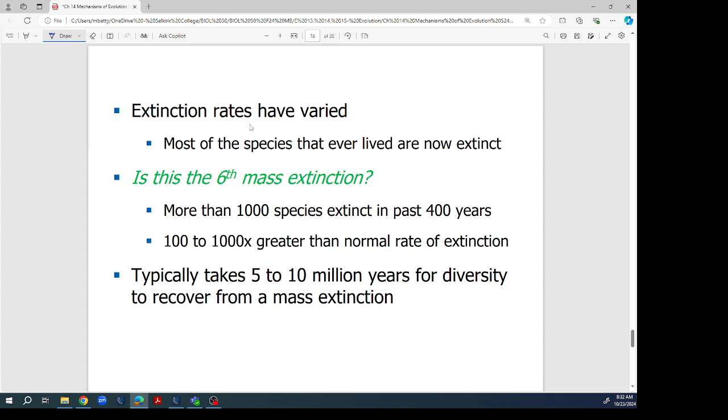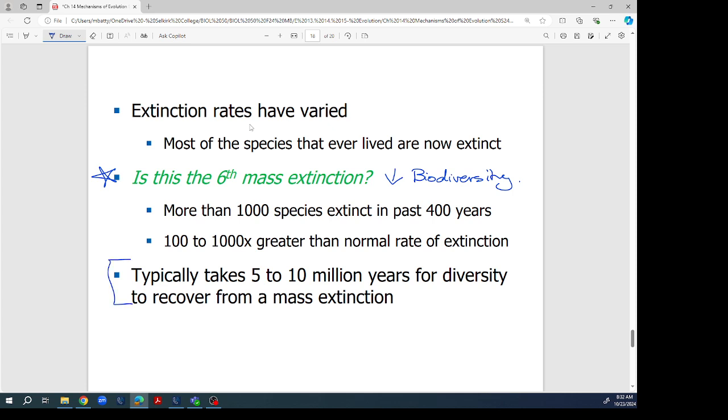They're constantly changing. There is a question if we are in the sixth mass extinction event. Humans are definitely having an impact on the world, and this could impact the biodiversity, so decrease biodiversity.